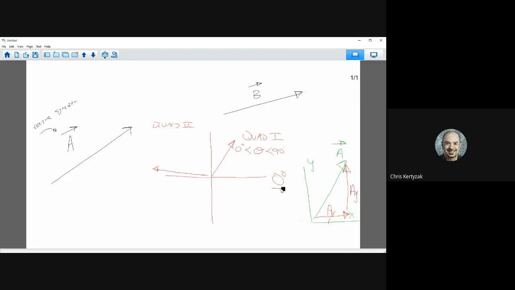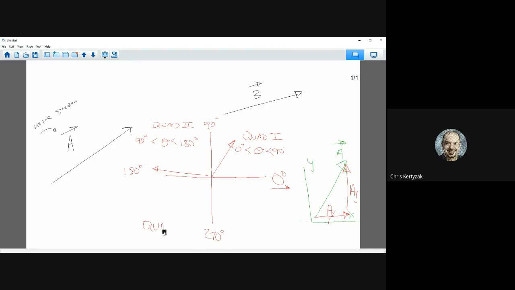Straight to the right is 0 degrees. Straight up is 90 degrees. Straight to the left is 180 degrees. Straight down is 270 degrees. And then back around is 360. So when you're looking at the quadrant 2 example, the direction of that vector would have to be between 90 degrees and 180 degrees. As long as that's true, then that'd be considered a quadrant 2 vector.